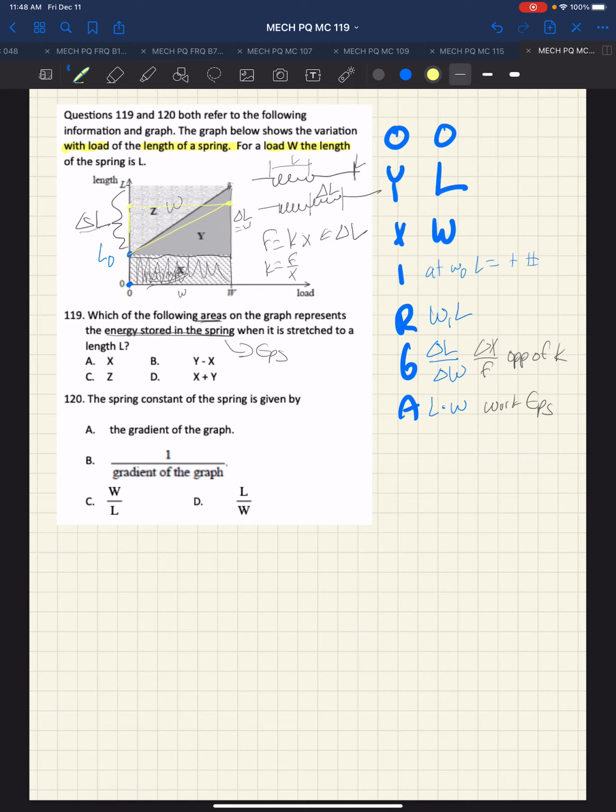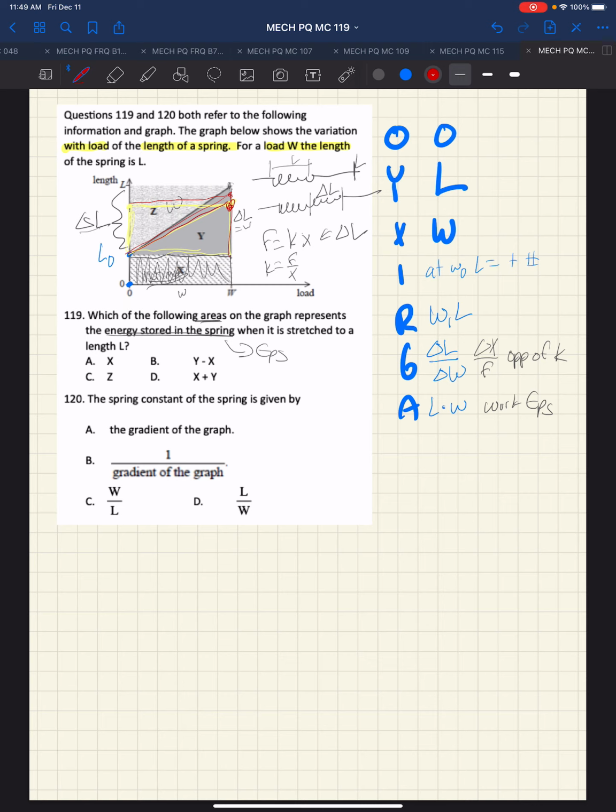And so we would have this height times 1/2, it's 1/2 the area of W times delta L. And this Y would be 1/2 the area of W times that L. So what I'm trying to get at here is that no matter where you slide this point up here, the areas will be equal. Z will always equal Y. But the area we're actually looking for is the area under the curve between the W and the L. But in any case, either one will give it to us.